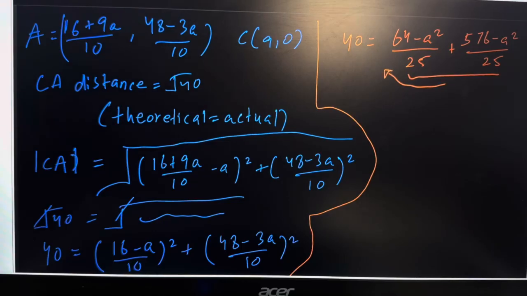So 25 times 40 is equal to 1000. Minus a squared plus minus a squared is minus 2a squared, and 64 plus 576 is equal to 640. So this becomes minus 2a squared is equal to 1000 minus 640 is equal to 360.